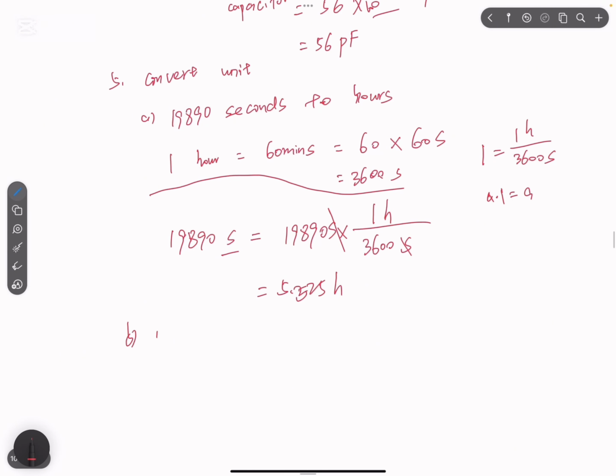And B is we need to convert the 60 miles per hour to meters per second.